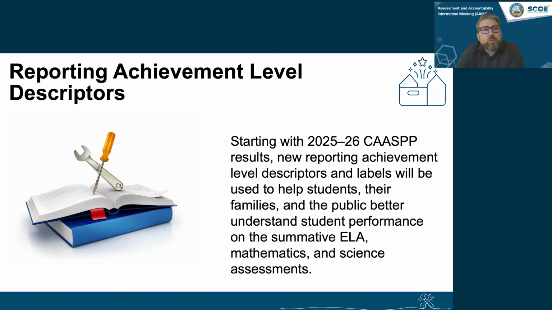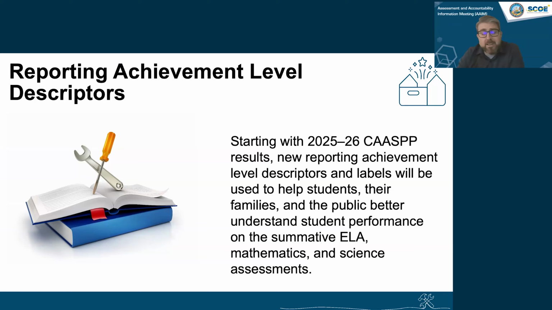Starting with the 2025-26 CAASPP results, California has adopted new reporting achievement level descriptors and labels. These are designed to help students, their families, and the public better understand student performance on the summative English language arts and literacy, mathematics, and science assessments.